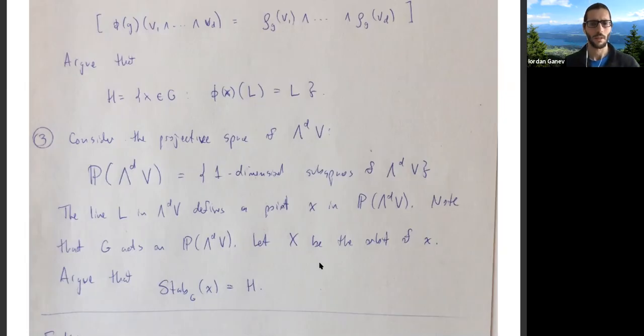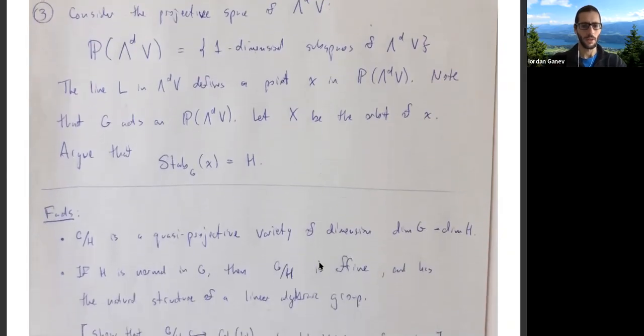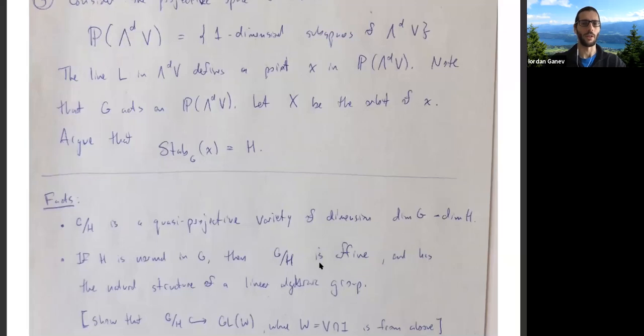So that's the construction. This is a way to realize this set of cosets G mod H as an algebraic variety. And in fact, we see from the construction that it's a quasi-projective variety.